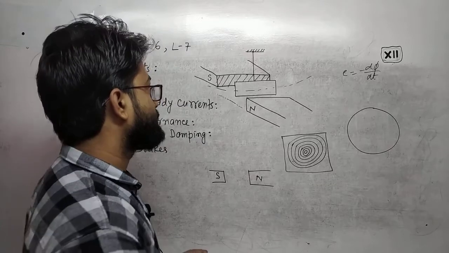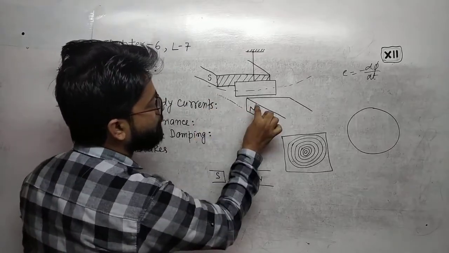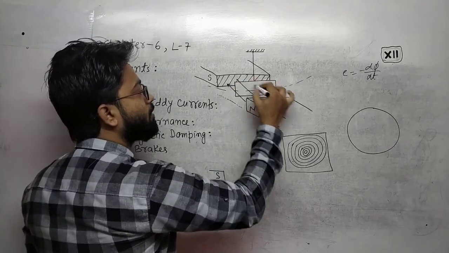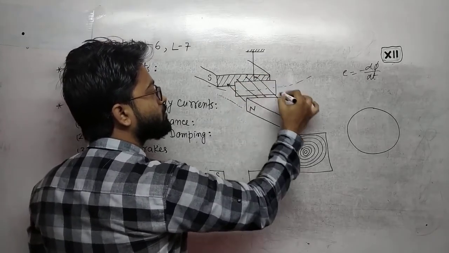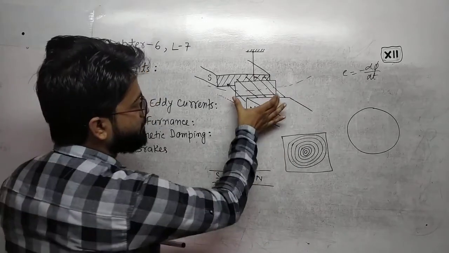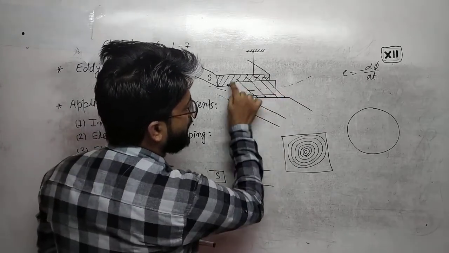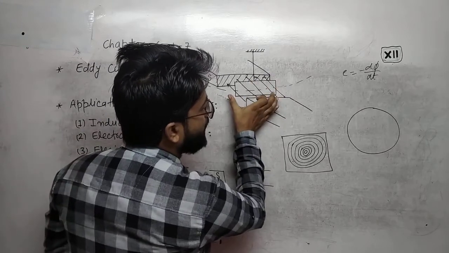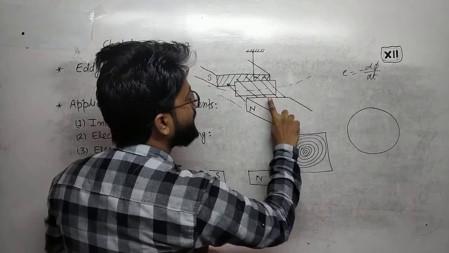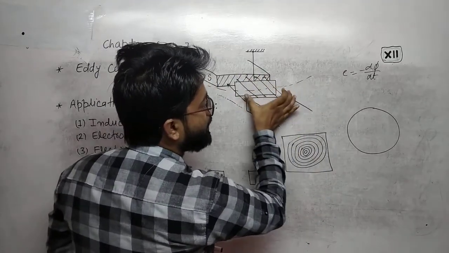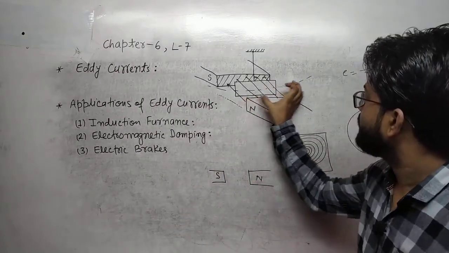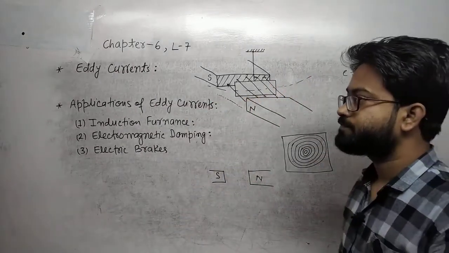What will happen? You know that there is a magnetic field from north to south, with a number of magnetic field lines from north to south. When this rectangular coil is going in this direction, the magnetic field lines passing through it will decrease. It is very simple.